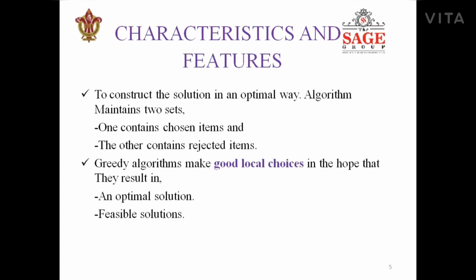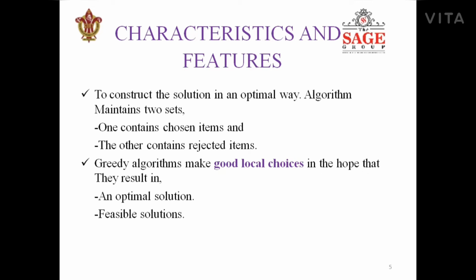Characteristics of the greedy method. To construct a solution in an optimal way, the algorithm maintains two sets. One contains chosen items and the other contains rejected items. The chosen item set describes the items which are available from the input set, and based on some conditions and constraints, we have to decide the best solution among those available items.